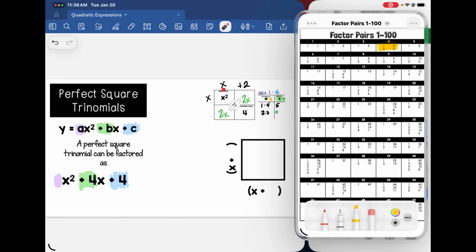Well, what can I multiply by this x to give me 2x? 2. So I have my two factors, which are the same. They're twins. x plus 2 times x plus 2. And if we multiply them all back up, we will get this same expression. So that is an example of a perfect square trinomial.